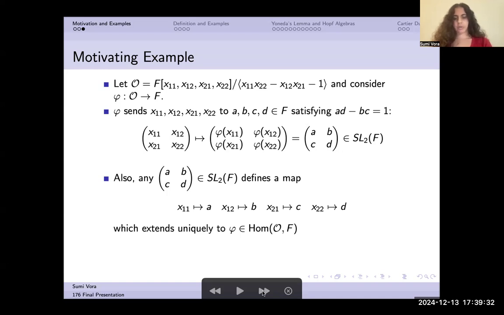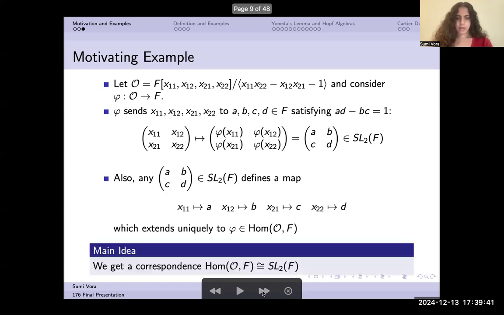It takes x11 to A, x12 to B, and so on, right? So we observe that there's a one-to-one correspondence between the set of homomorphisms from O to F and the group SL2(F). What we did in order to get SL2(F) again is we took all of the points in A^4(F), the affine space of dimension 4, that satisfy x11 x22 minus x12 x21 equals 1.